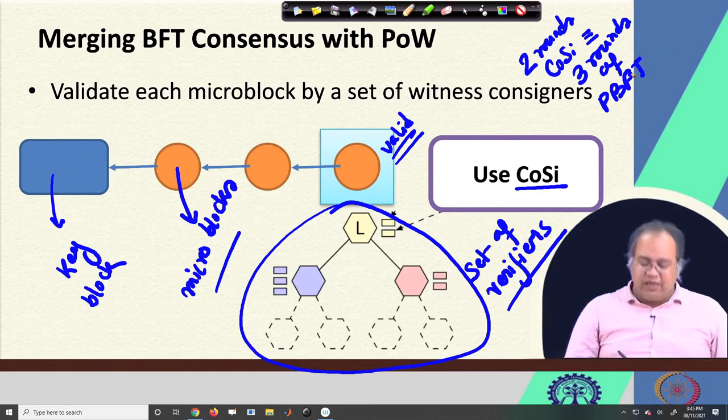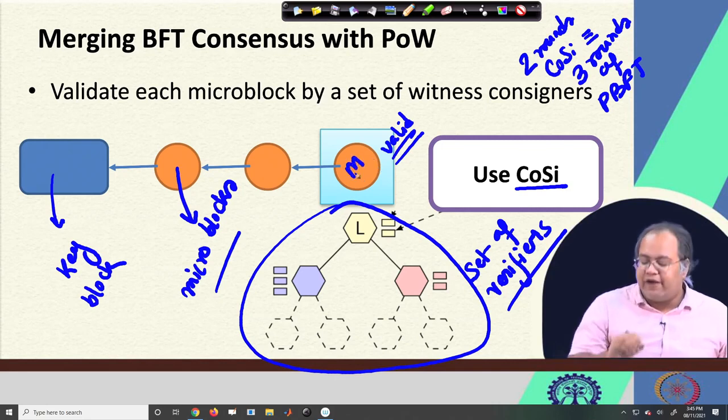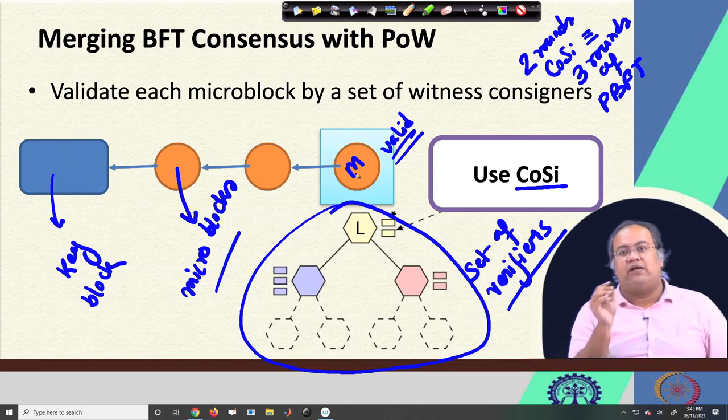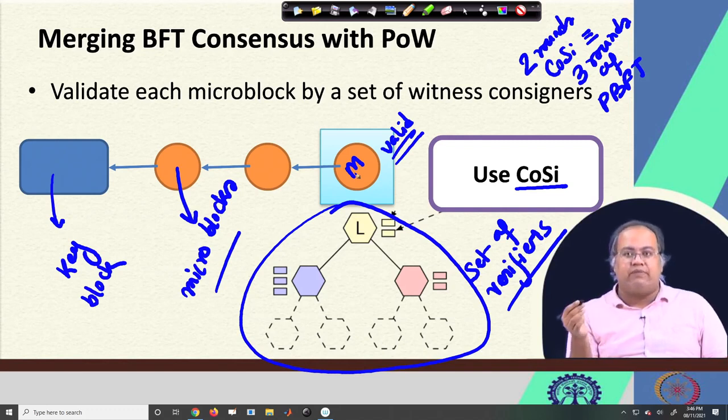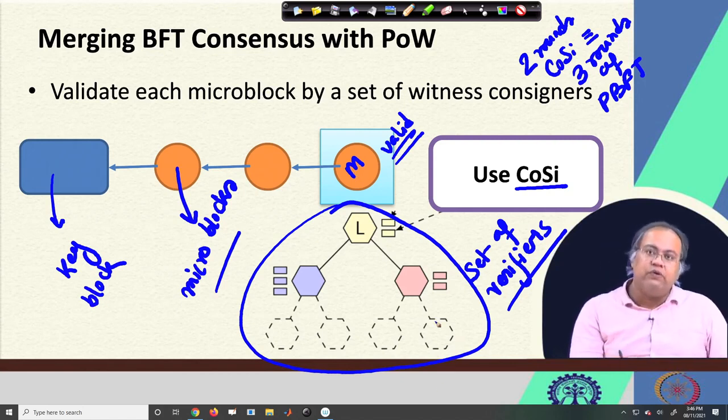So, that means using this microblock as my message M, if I run 2 rounds of COSI based on the protocol that we discussed in the last lecture, then that will emulate the 3 rounds of PBFT, that means the prepare and commit phases of PBFT. So, that way I can use this set of verifiers to validate the microblock.